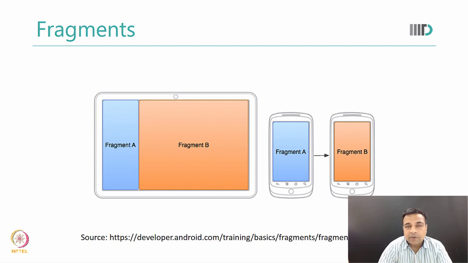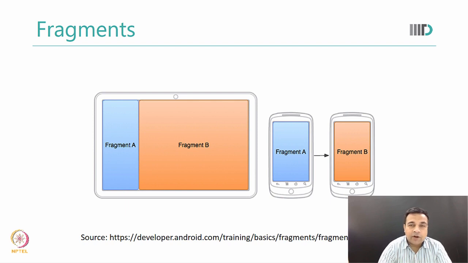Suppose you have a very simple application which displays your name as a list, and when you click on any of the names, it displays basic information. Let us say your photograph, your name, your roll number, your program that you are studying, etc. So there is a list of names and for each name there is detailed information.